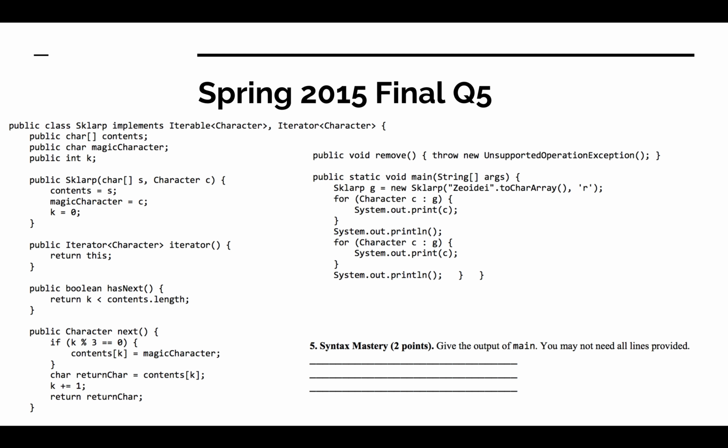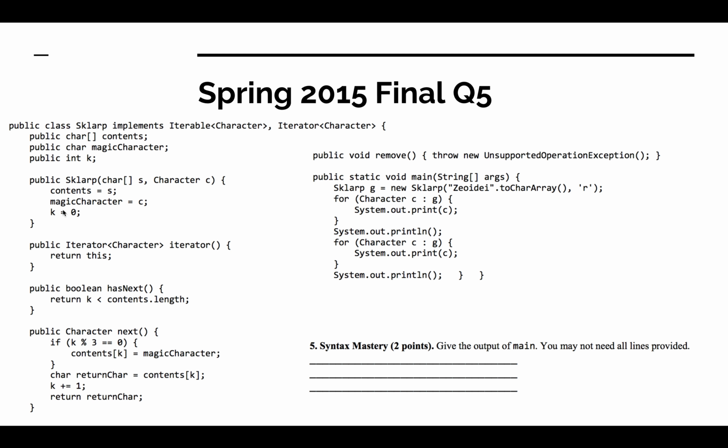Yeah, so it calls hasNext to see if there's another element, and then it calls next. So it calls this on the iterator. So in order for this for character C in G format to work, this colon format to work, the object you're calling it on needs to implement Iterator. So Iterator is an interface. So you guys did do this in your lab, right? Yesterday or this past week?